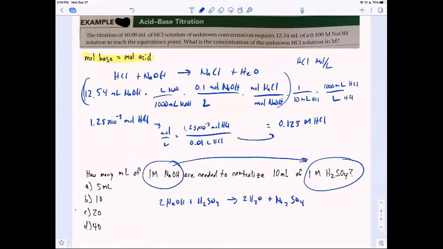Because sulfuric acid is diprotic, so 2 protons. I know I normally go around and talk to people, but the answer to this one is C.